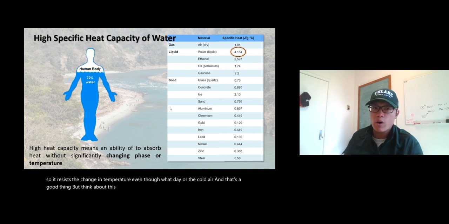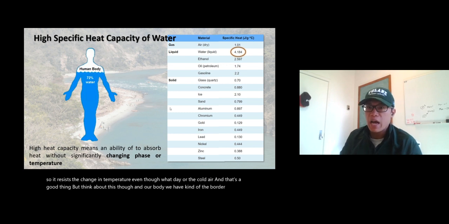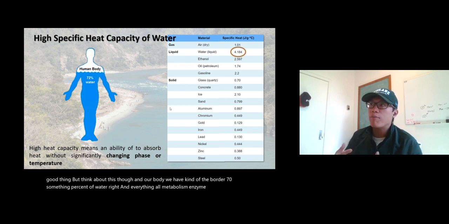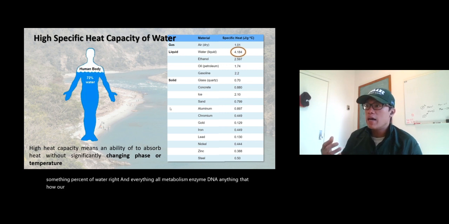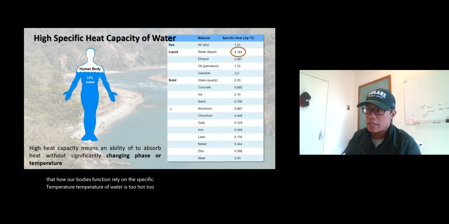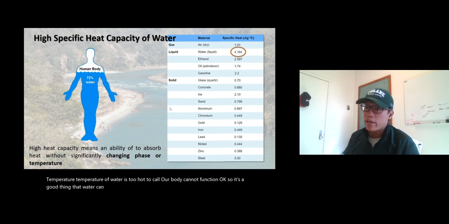In our body, we have tons of water, 70-something percent water, right? And everything, all metabolism, enzymes, DNA, anything about how our bodies function relies on a specific temperature. Is it too hot, too cold? Our body cannot function. So it's a good thing that water can resist heat loss or gain, or temperature change.